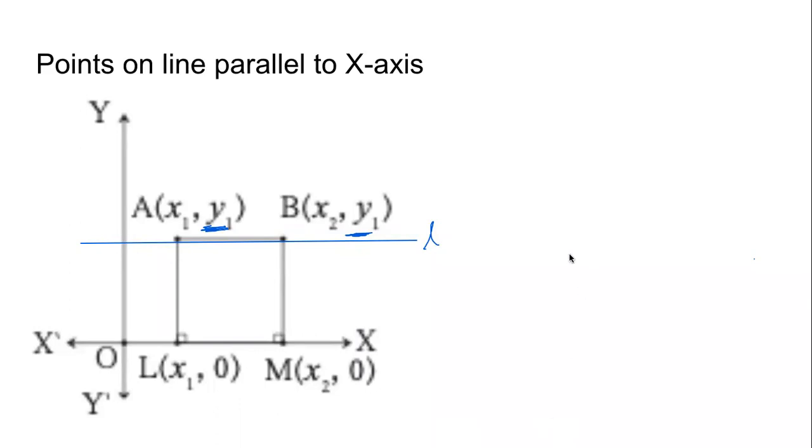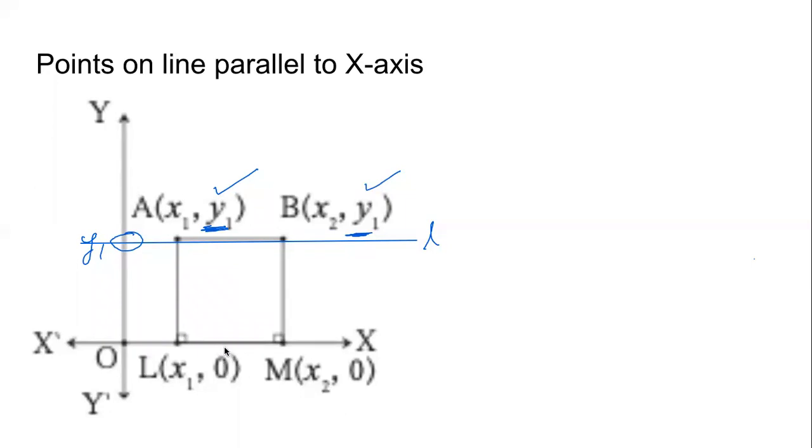So what it means is, thank you, Chanda, this point here, this is y1. Both A and B are at the same height from the x-axis. That is why their y coordinates are same. Now, this is not a difficult situation.